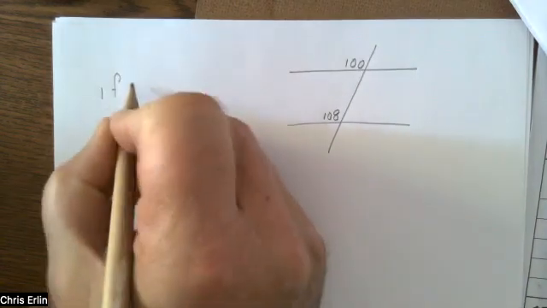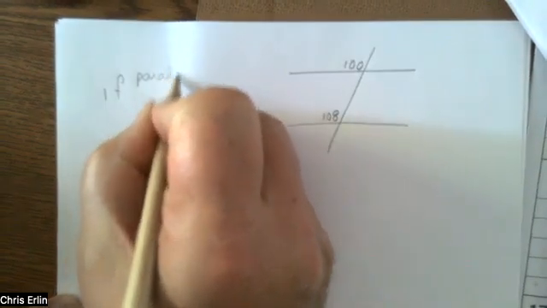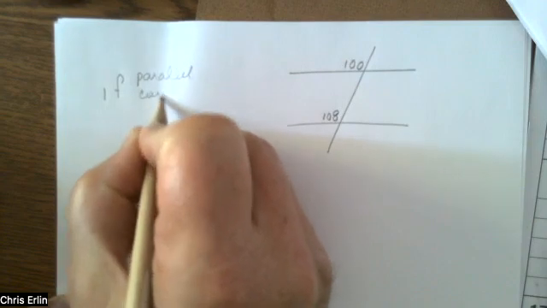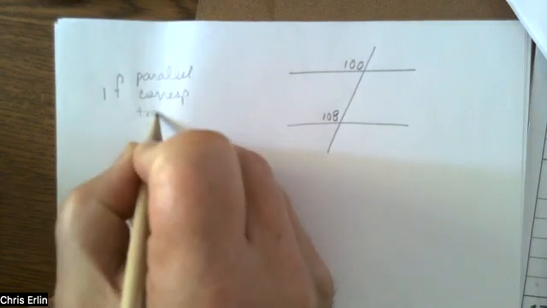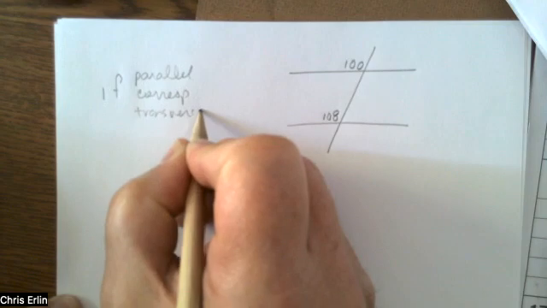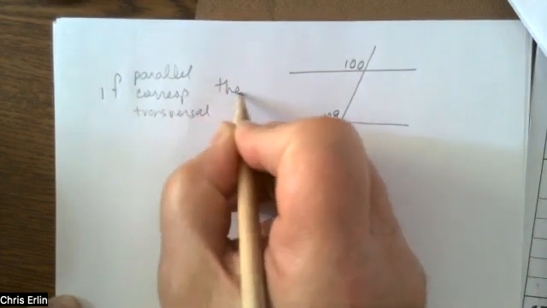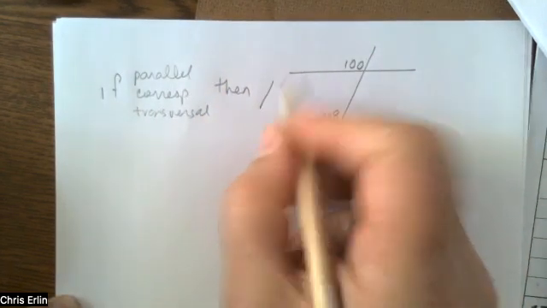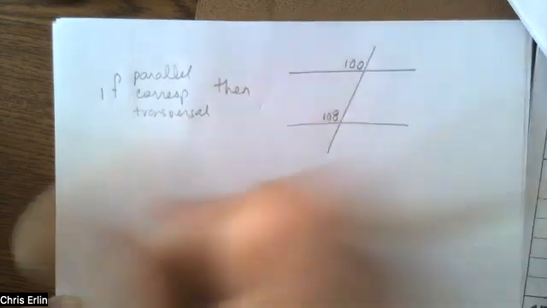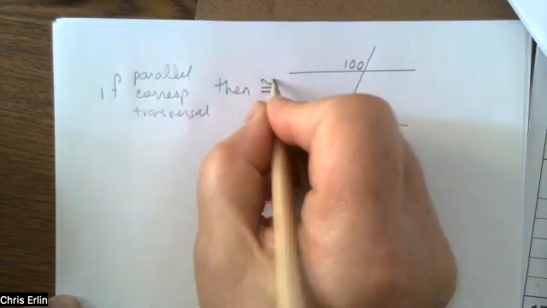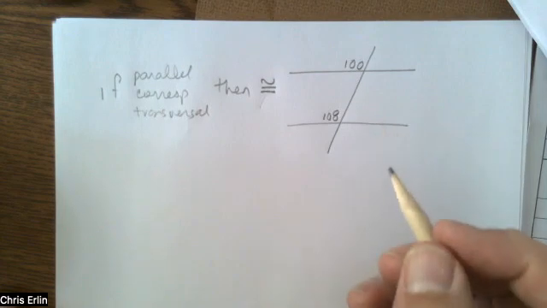Well, we know that if parallel, corresponding with transversal, then what? Then these are congruent. You guys agree? What's my P?